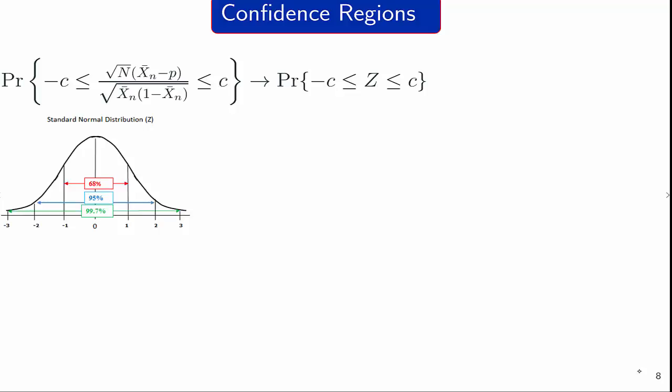We know that the statistic will lie in plus or minus c in some range with probability governed by a standard normal, where this plots the distribution of the standard normal. So again, as n gets bigger, this statistic has the same distribution as a normal 0, 1.